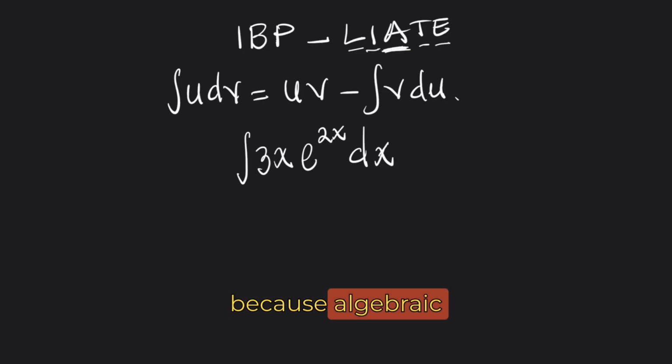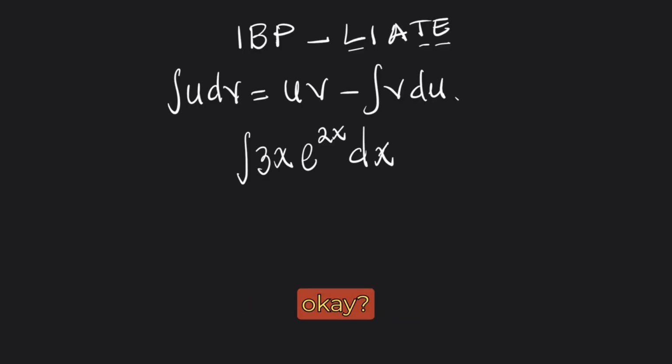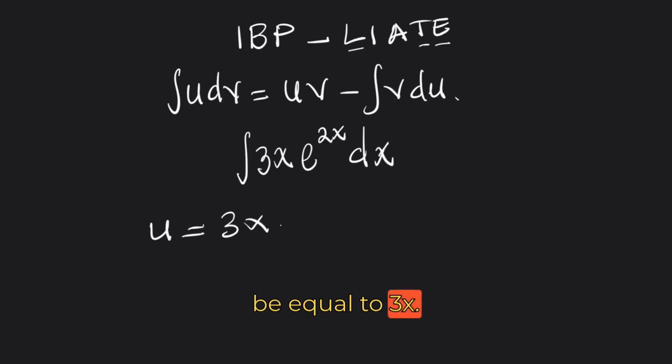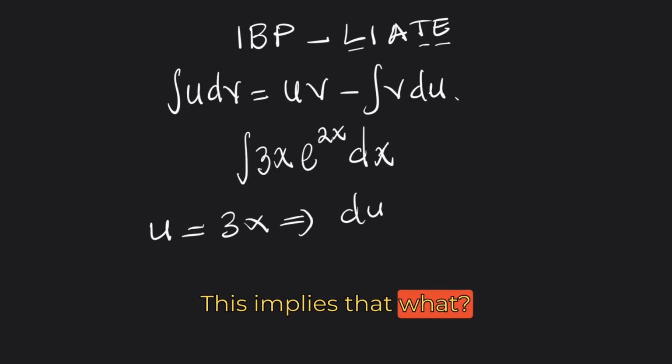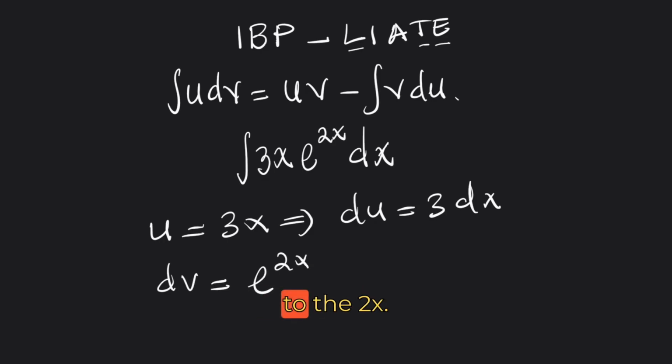In this case, because the algebraic expression has the higher order, we make u equal to 3x. This implies that du is equal to 3 dx. Then we take dv to be equal to e to the 2x with respect to x.